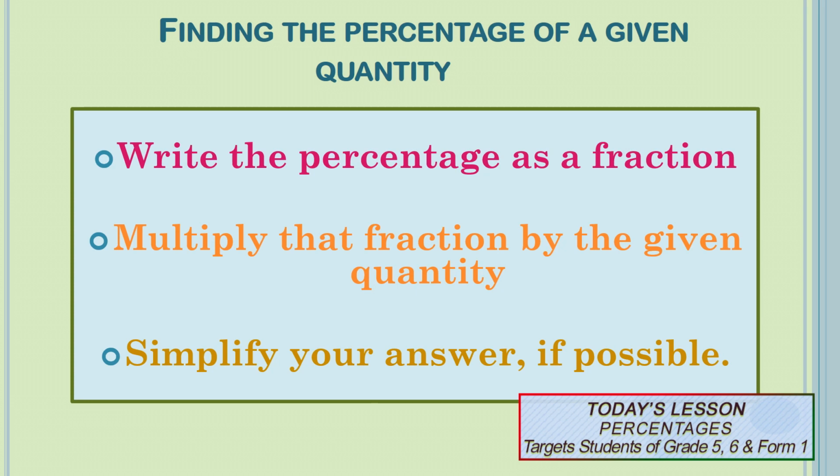And the third thing is that you will simplify your answer if possible. So read with me now as we go through the three steps again. First, write the percentage as a fraction. Secondly, multiply the fraction by the given quantity. And the third thing is that you simplify your answer if possible.